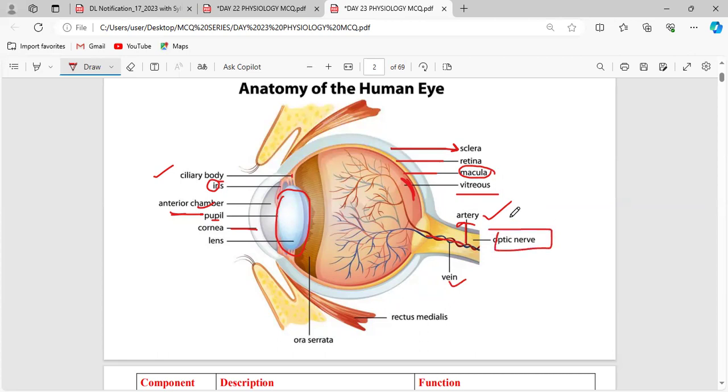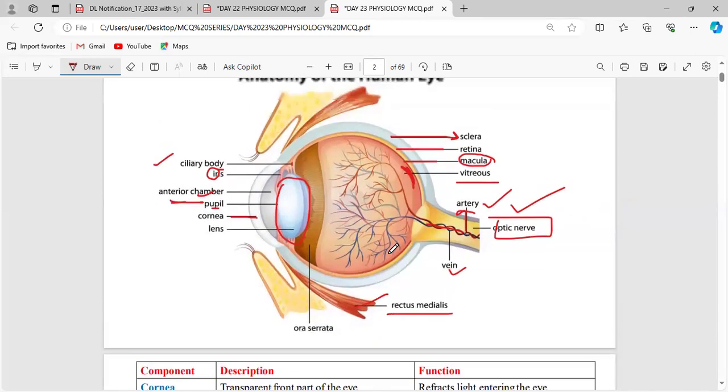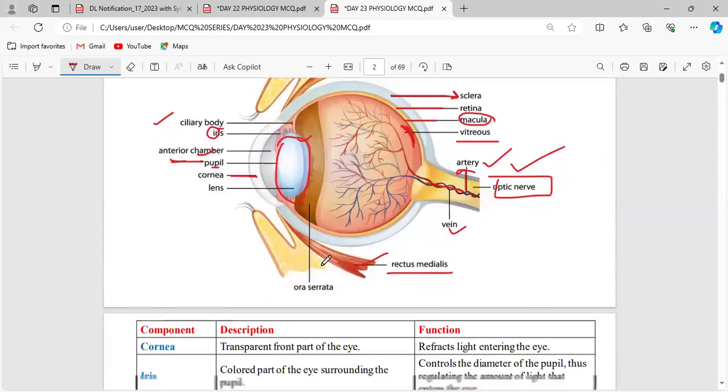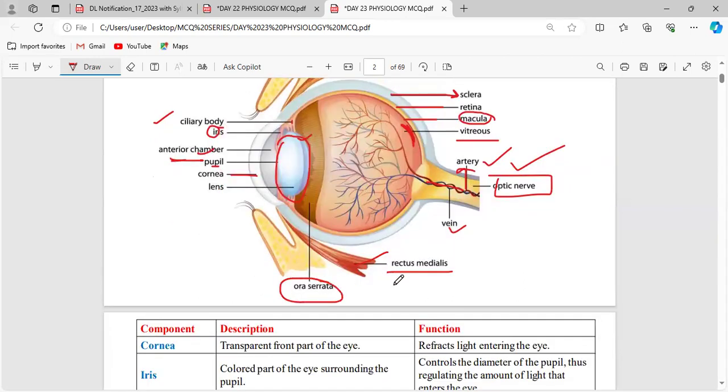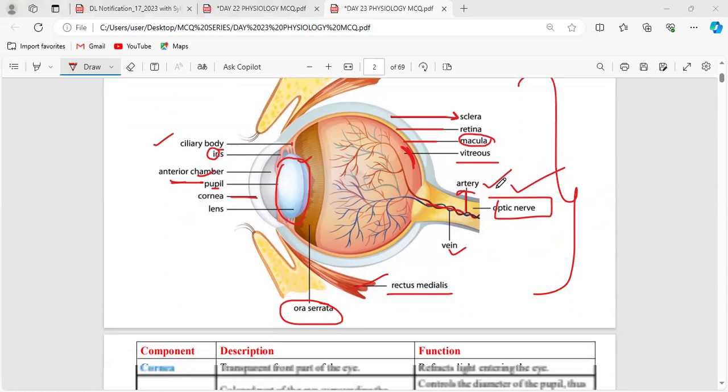The nerve present in the eye is called the optic nerve. This structure is called the rectus medialis, and the structure behind the lens is called the ora serrata. These are all the important features present in our human eye.